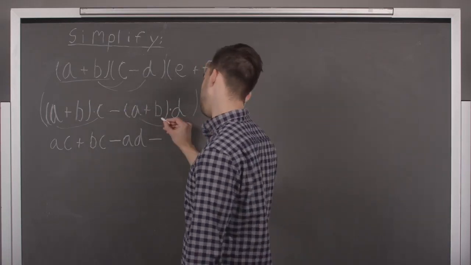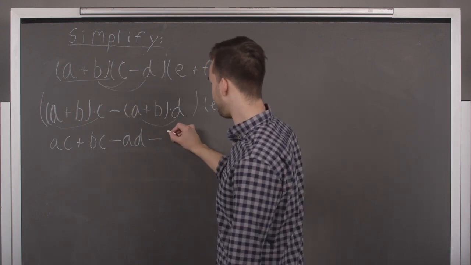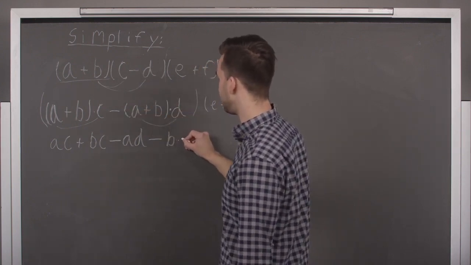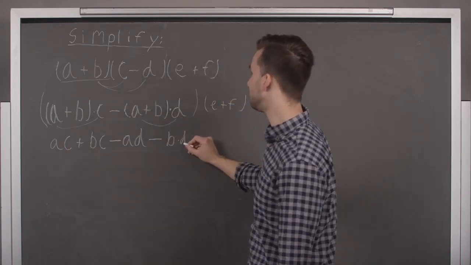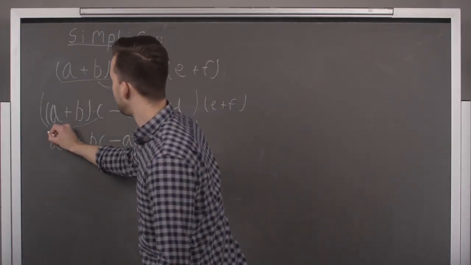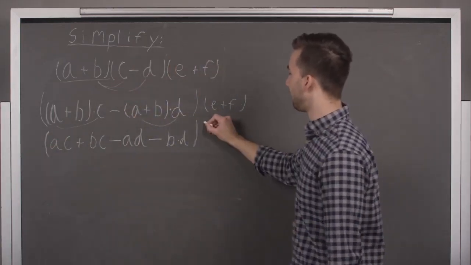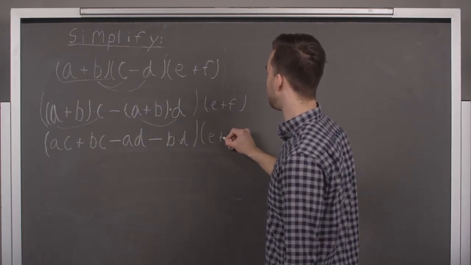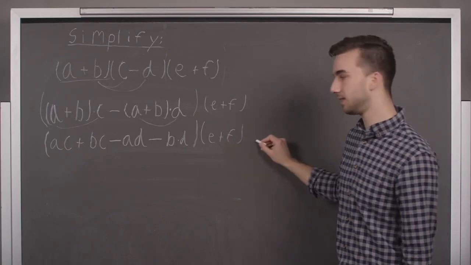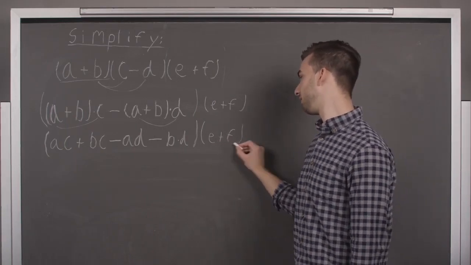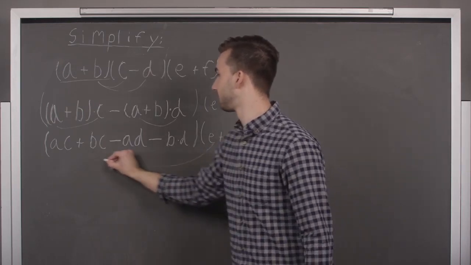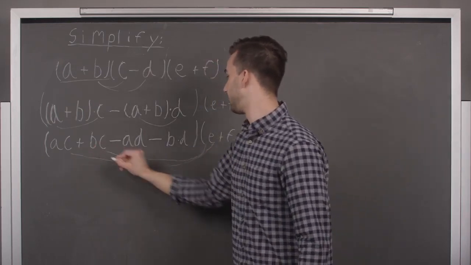So it would be b times d minus, because the minus is also on the outside. So you have to multiply it. So minus bd, and there is that, times E plus F. Since this is smaller and easier to work with, we will just leave this on the outside and then multiply each element inside.